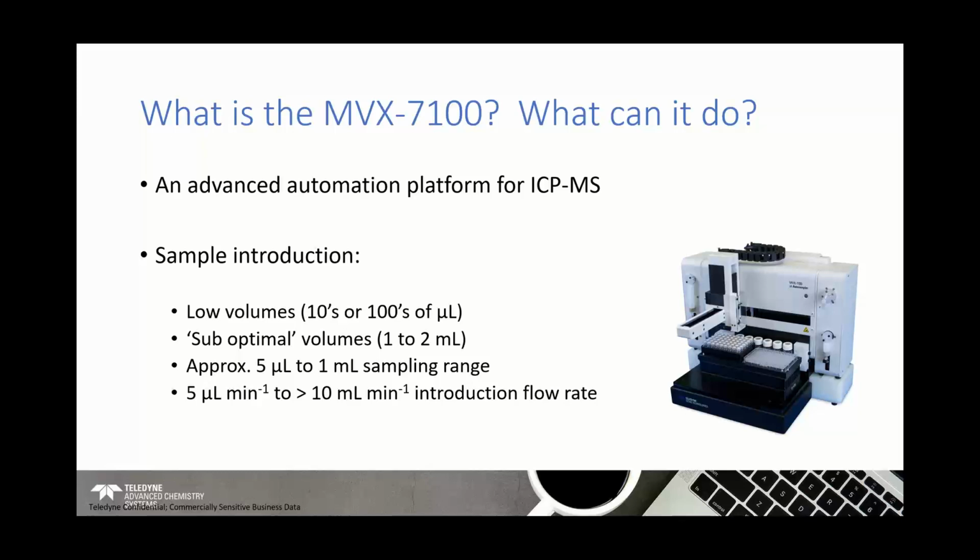So I've put greater than 10 milliliters per minute here simply because it can go higher than that. So far beyond what you would need for ICPMS. So essentially it covers the full introduction range for any nebulizer that you might conceivably use for sample introduction.